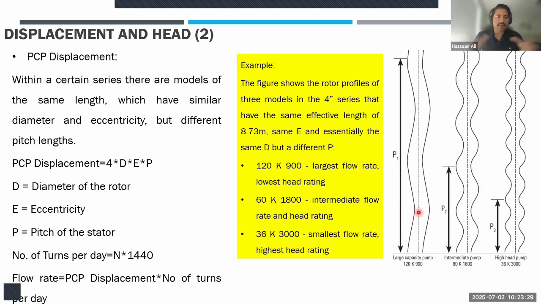So once you multiply all of these quantities together, you will determine your PCP displacement. This is usually done at the time of developing the pump, and not at the time of selecting the pump, because once we have particular models available in each manufacturer's catalog, you pick up a pump based on the proven PCP displacement.